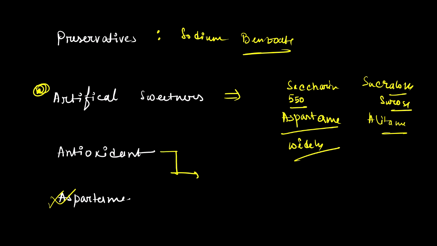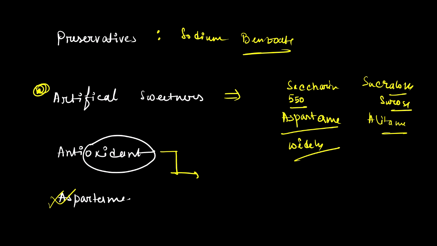Then we are having the last thing, that is antioxidant. Oxidants are something that involve in oxidation, and free radicals can be produced in our body during aerobic cell respiration, those are the oxidants. And an antioxidant is the compound which prevents that oxidation, the enzyme oxidation or any food oxidation.